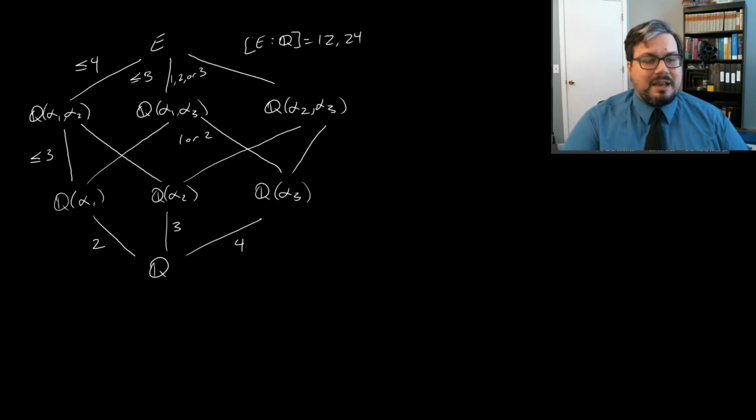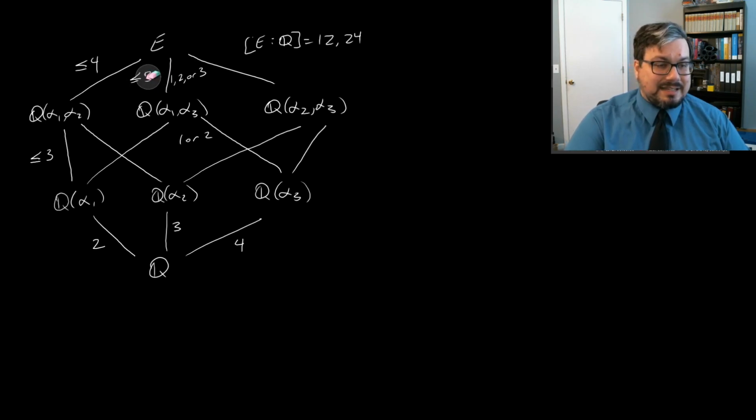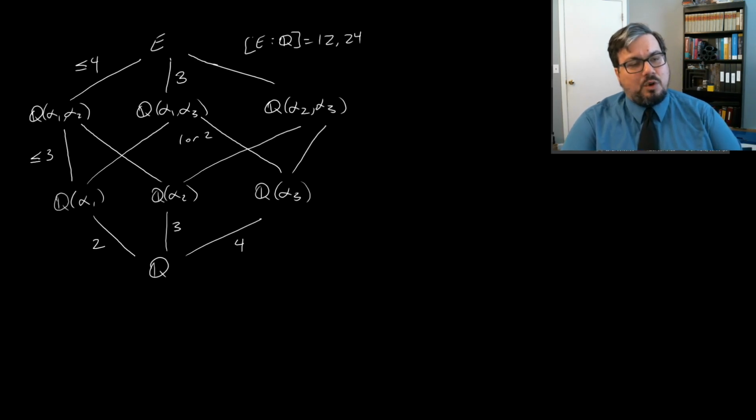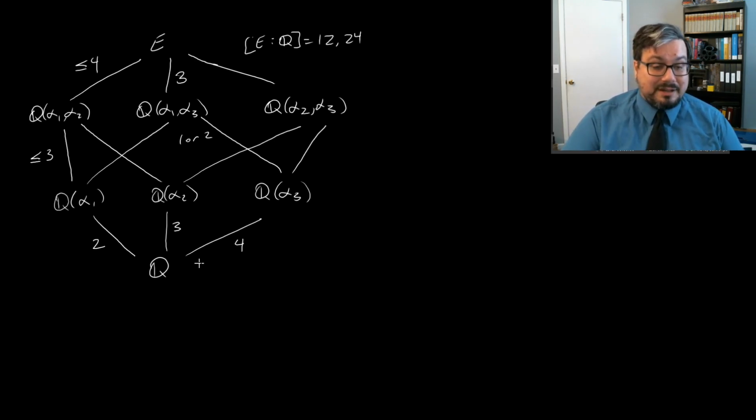Now, if this is going to be either 4 or 8, and the whole thing has to be equal to either 12 or 24, then the only one of these possibilities that exists is that it has to be 3. 3 is the only degree that we could possibly put in here, so that multiplying along these paths gives us either 12 or 24.